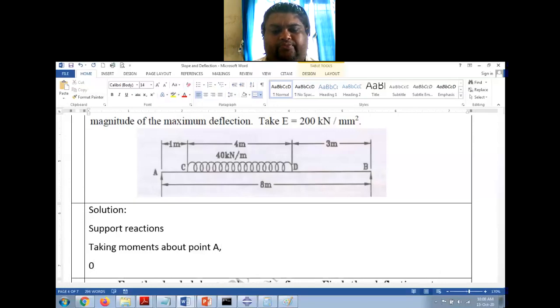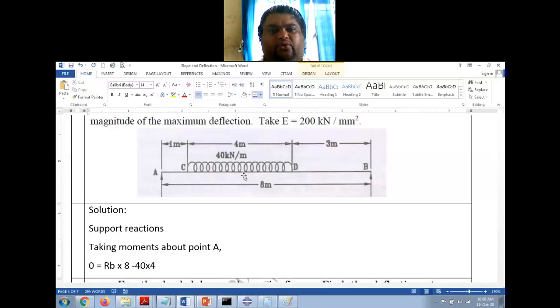So 0 is equal to RB, the reaction at B, into the distance 8 meter, minus 40 kilonewton per meter, the intensity, into the length 4 meter.